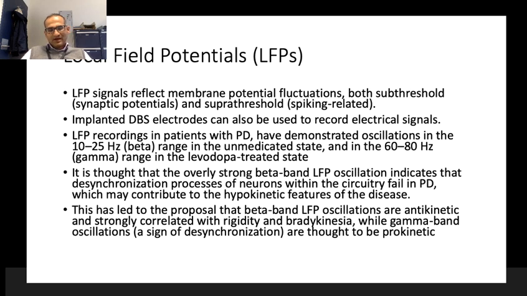They've noticed that in Parkinson's disease the activity recorded is in the beta range. However, in the normal state, when the PD patient is treated with levodopa, this oscillatory activity is in the gamma range.